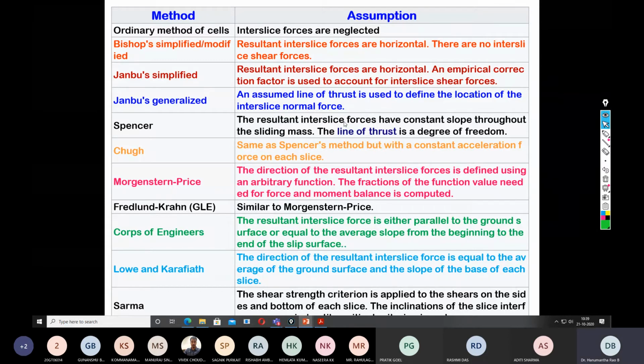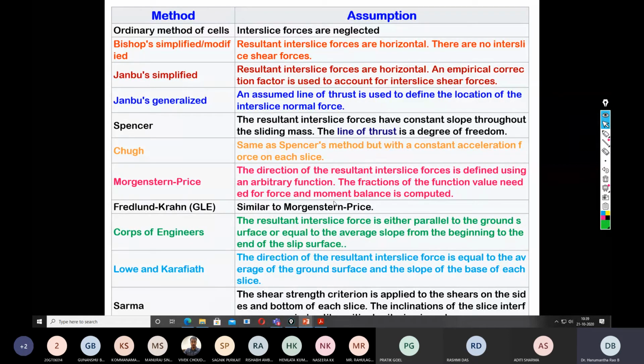In the Spencer method, the resultant interslice forces have constant slope throughout the sliding mass. The line of thrust is a degree of freedom. Then the Chugh method is the same as the Spencer method, but with a constant acceleration force on each slice. Then Morgenstern-Price: the direction of the resultant interslice forces is defined using an arbitrary function.